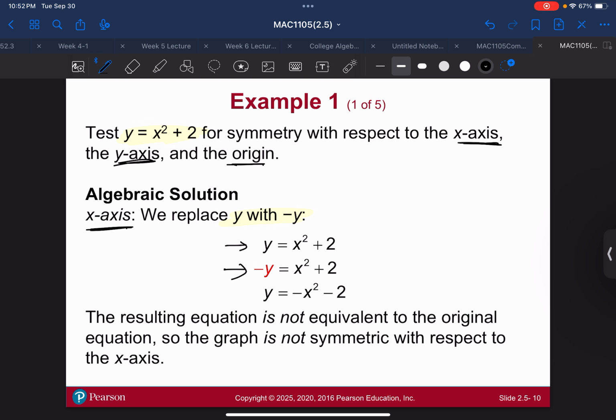Now we're going to replace y with negative y. And then we're going to solve for y to see if we get the same equation. So obviously to get rid of that negative, we will multiply everything by -1, which will change the signs over here. And we see that this is not the same as the original equation. So therefore it is not symmetric with respect to the x-axis.